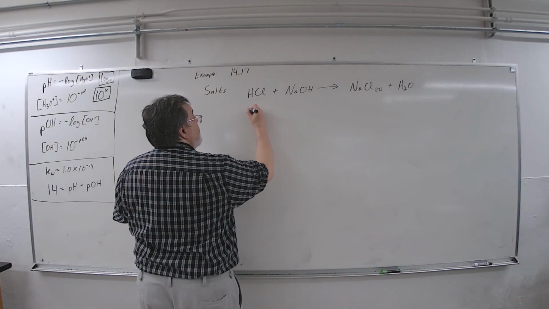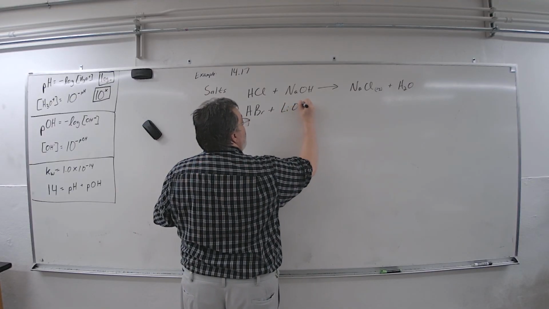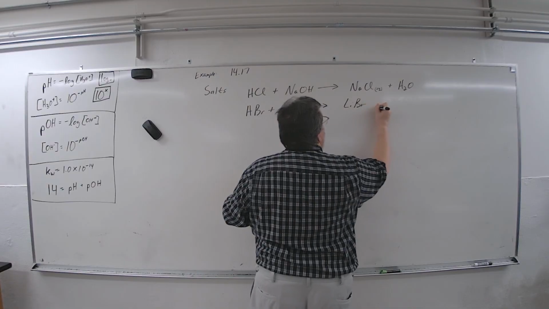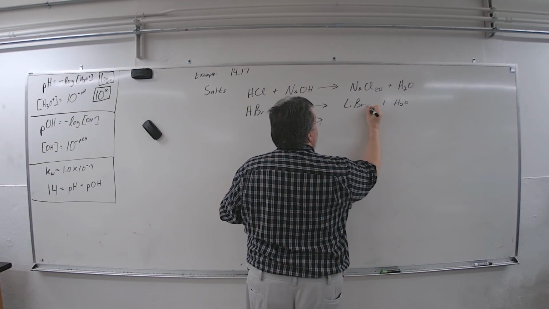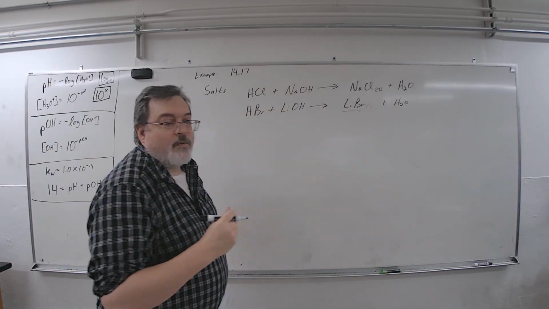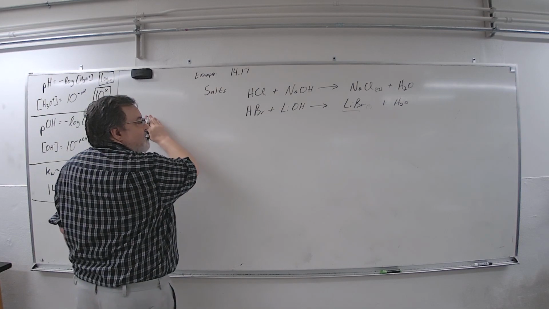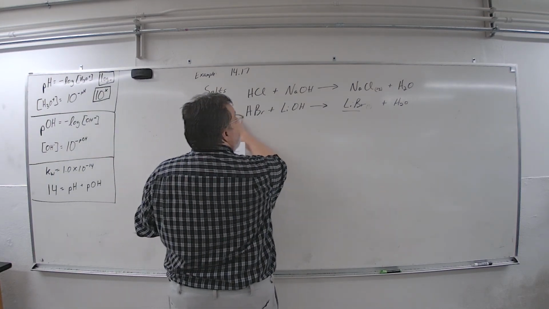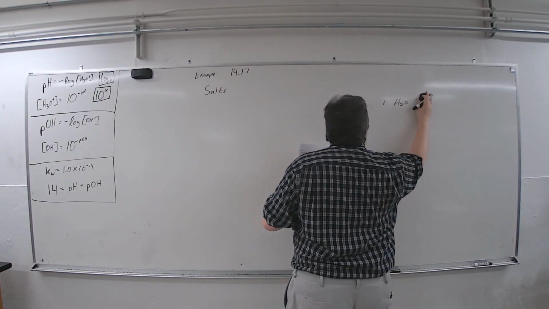Here's another salt. HBr plus LiOH. Now we have LiBr. So a chemist is going to tell you that's also a salt, but you probably don't want to put it on your food. Okay. The thing about salts are, strong acid, strong base.